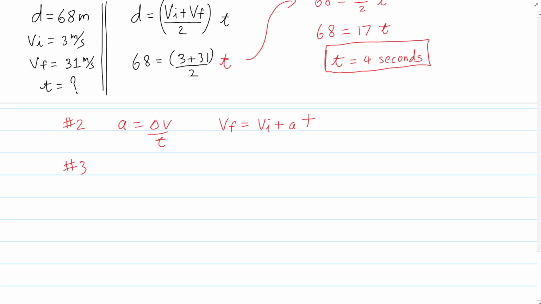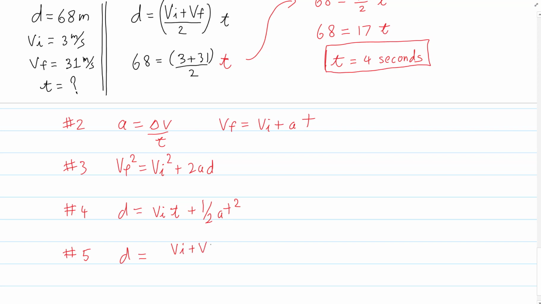Number 3 was vf squared equals vi squared plus 2ad. Equation number 4 was d equals vit plus 1/2 at squared, and the 5th formula was d equals vi plus vf all over 2 times time.